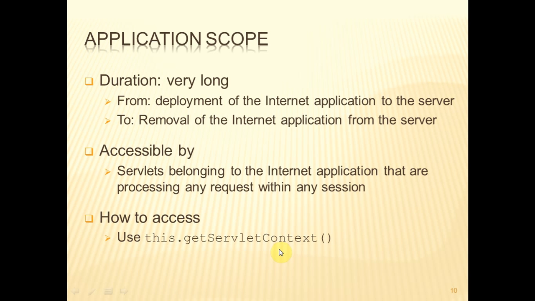And what will terminate the application scope is the removal of the internet application from the server. Any servlet that belongs to the internet application that is processing any request from any session, from any client, that servlet will then be able to access the application scope. And access is obtained by calling from within the servlet this.getServletContext.